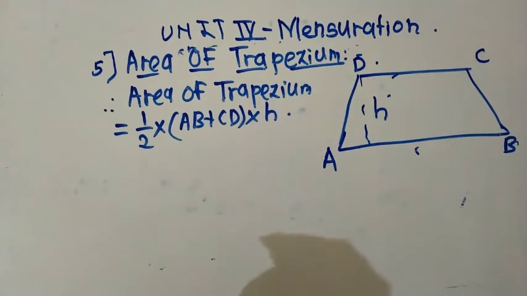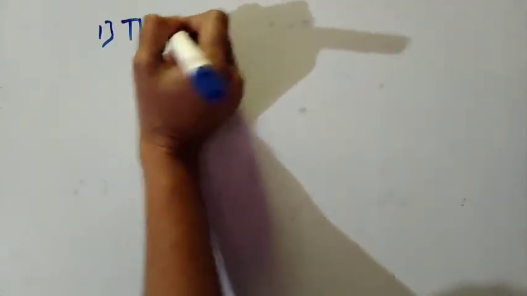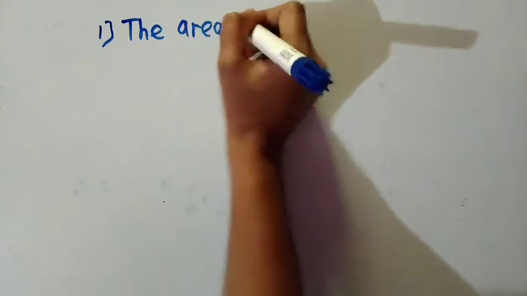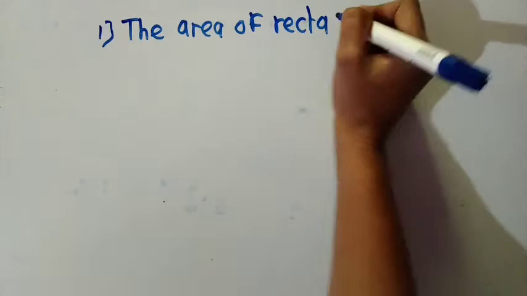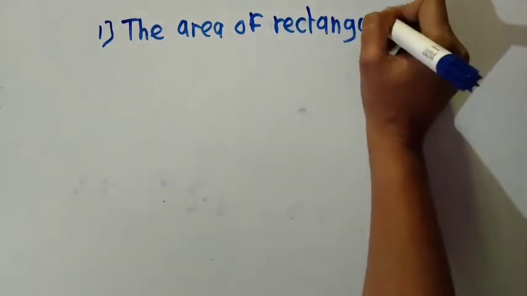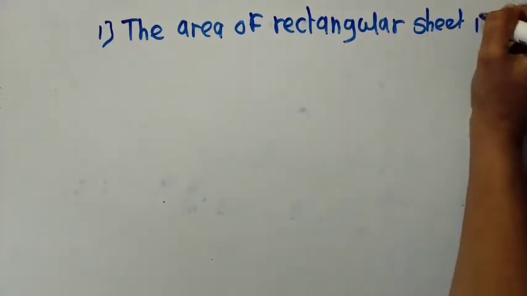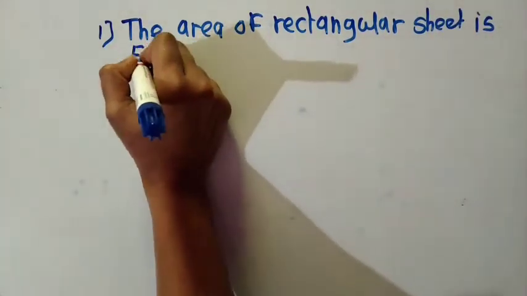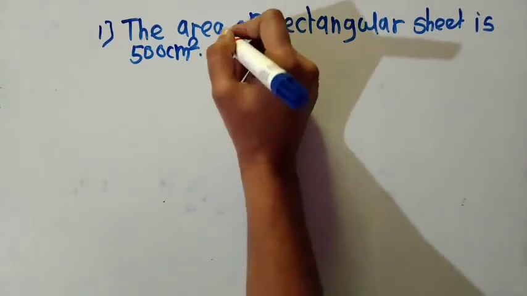Then we give first example of this type. First example: the area of a rectangular sheet is 500 centimeter square.